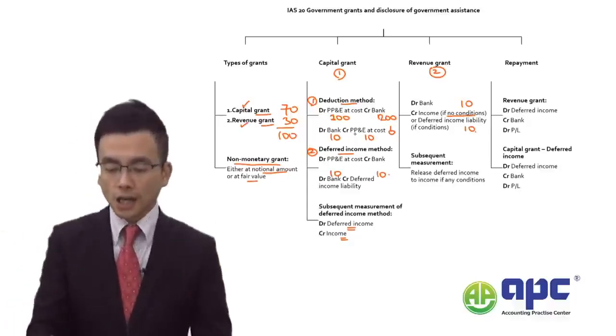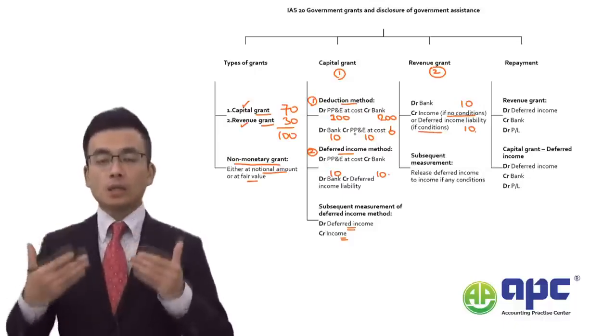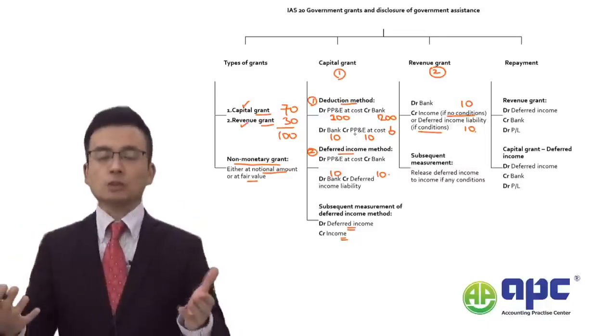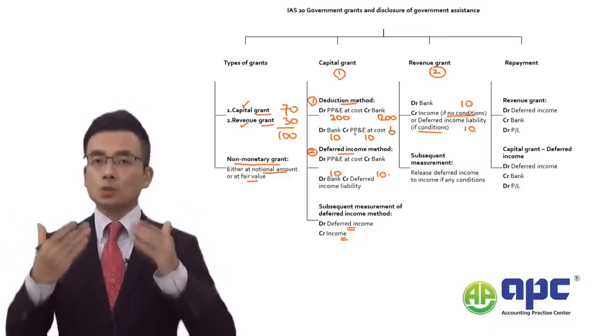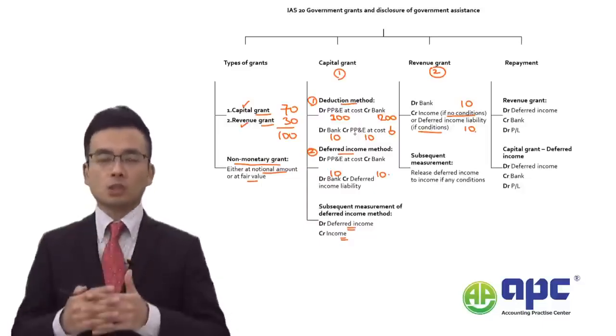But if there are any conditions set by the government, so for example, I will give you $10. Yes, I've given you $10 already, but you will need to repay me that $10 if you don't fulfill this criteria.